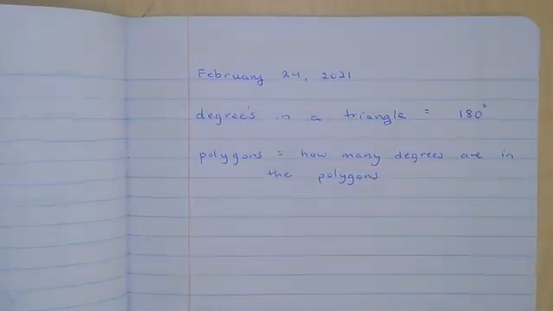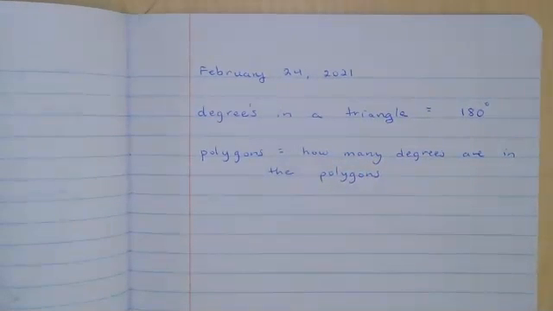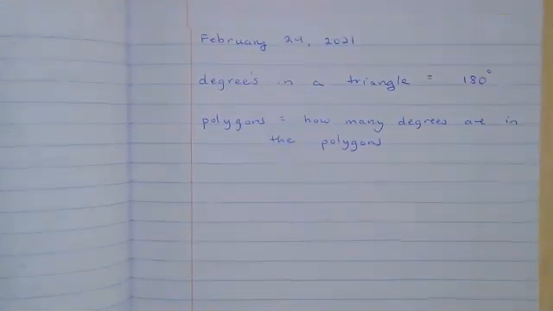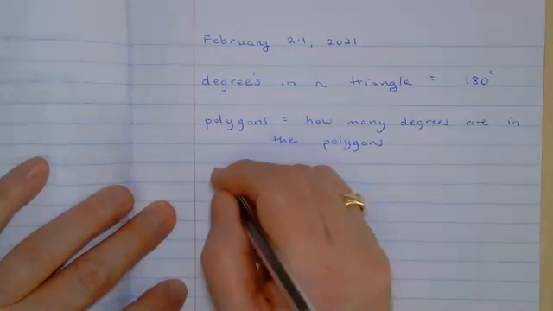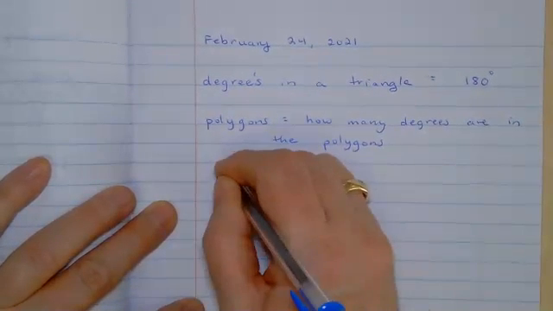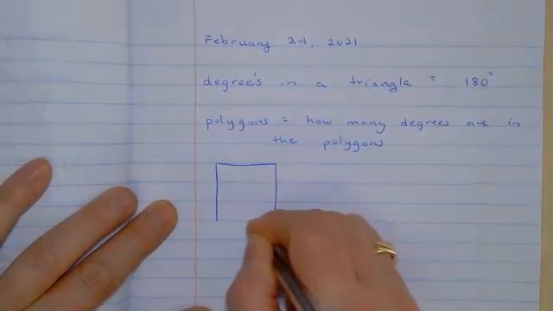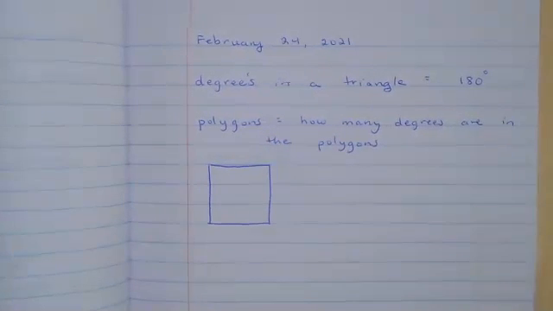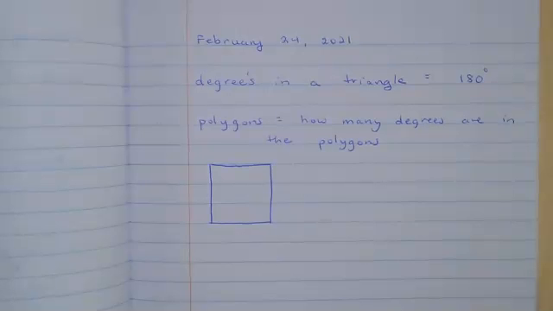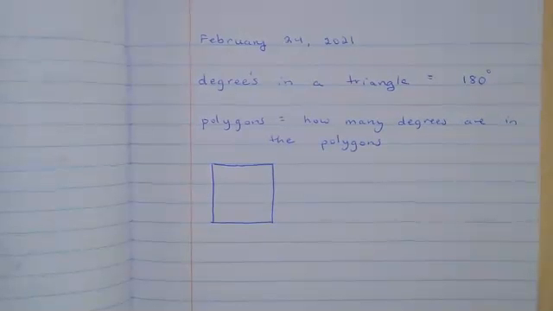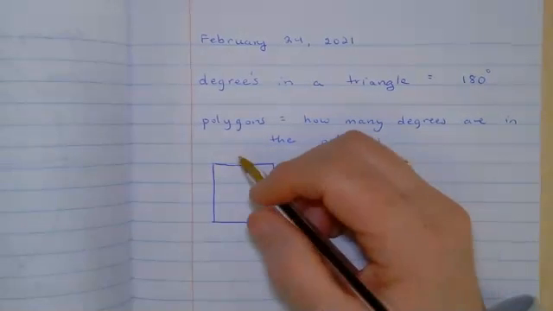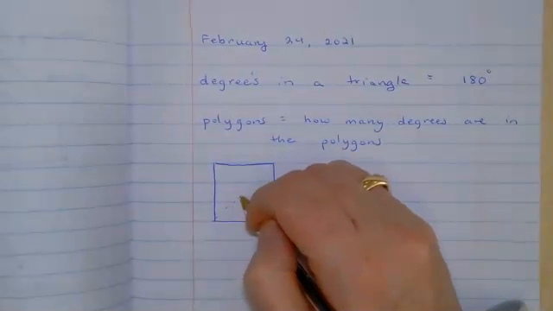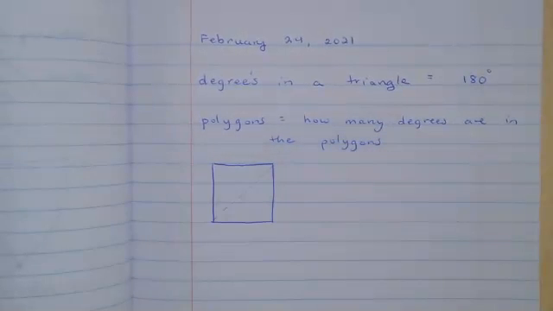And there's sort of a trick to that, so I wanted to show it to you. If I put down here a square, and I ask you to tell me how many degrees are in there, the way that you can find out is by figuring out how many triangles are in that shape.